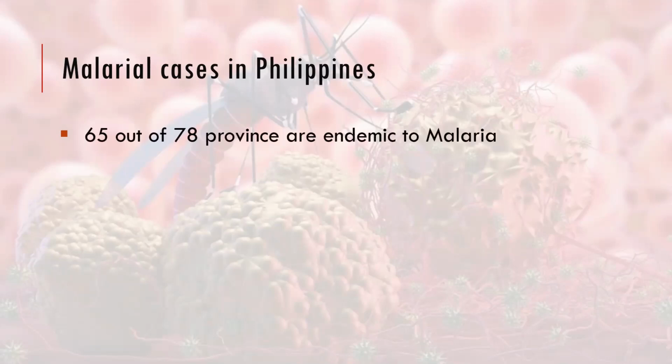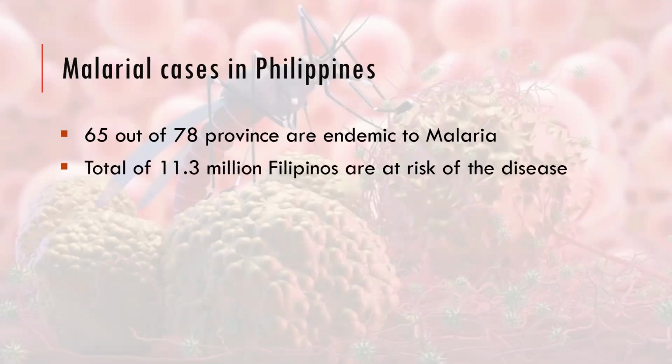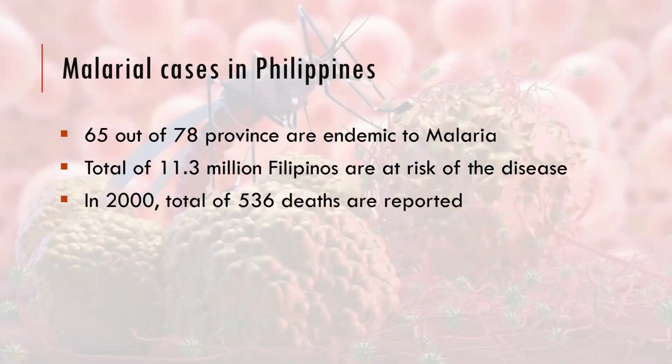Malarial cases in the Philippines: 65 out of 81 provinces in the Philippines are endemic to malaria, and a total of 11.3 million Filipinos are at risk of the disease. In 2000, a total of 536 deaths were reported caused by malaria.